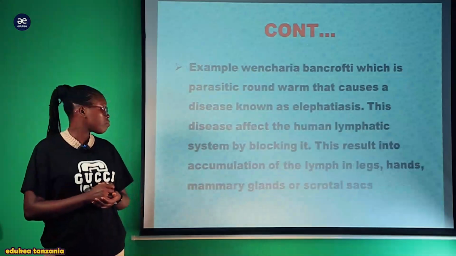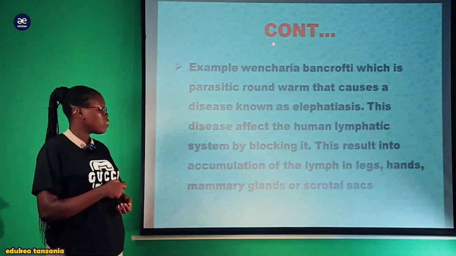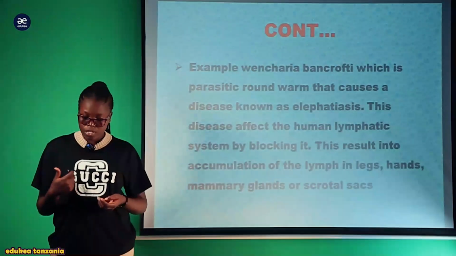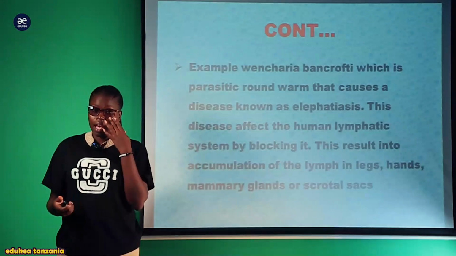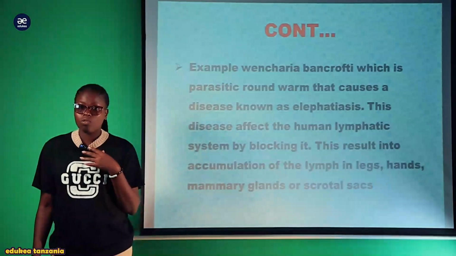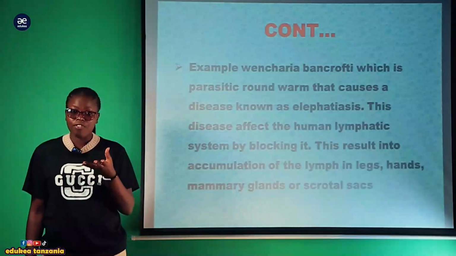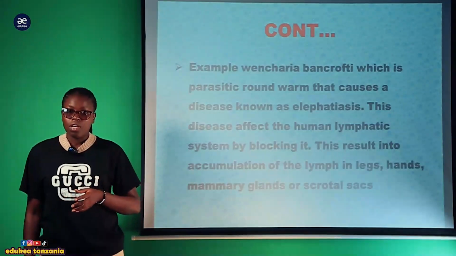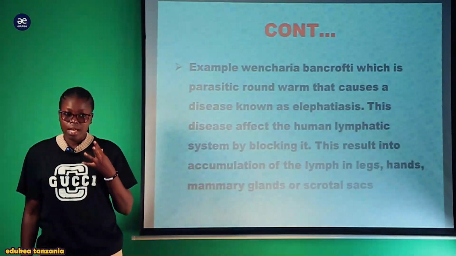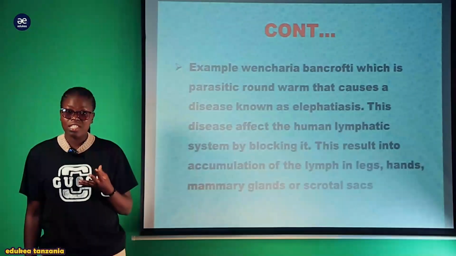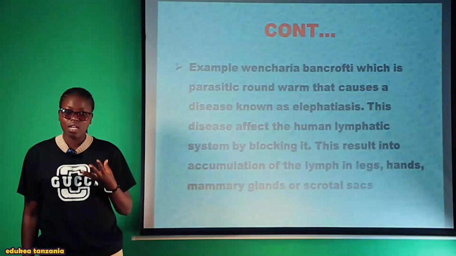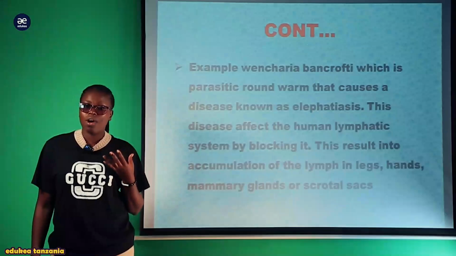Na kingine, example, kuna Wuchereria bancrofti. Huyu Wuchereria bancrofti anapelekea ule ugonjwa wa unakuta mtu mguu mmoja umekuwa mkubwa sana, mwingine umekuwa mdogo, yani elephantiasis tunauita. So inapelekea due to the excessive accumulation of the water in the lymphatic vessels, ambazo zinakuwa hazina mechanism ya kuwa released.